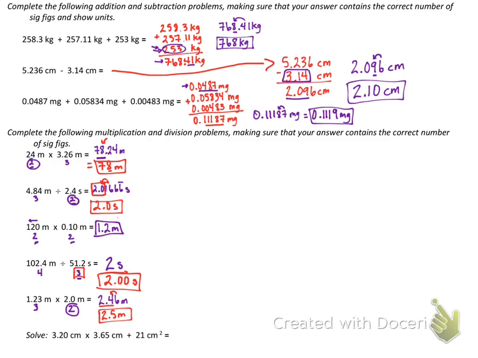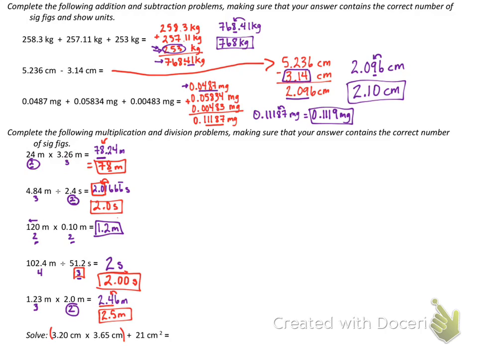Alright, so next we have combined operations. If you remember, this is going way back to middle school and high school. If you remember the order of operations, you always start with parentheses, exponents, multiplication, division, addition, and subtraction. So we're going to go in that order. In this case, we do our multiplication first. So first we multiply 3.20 times 3.65.